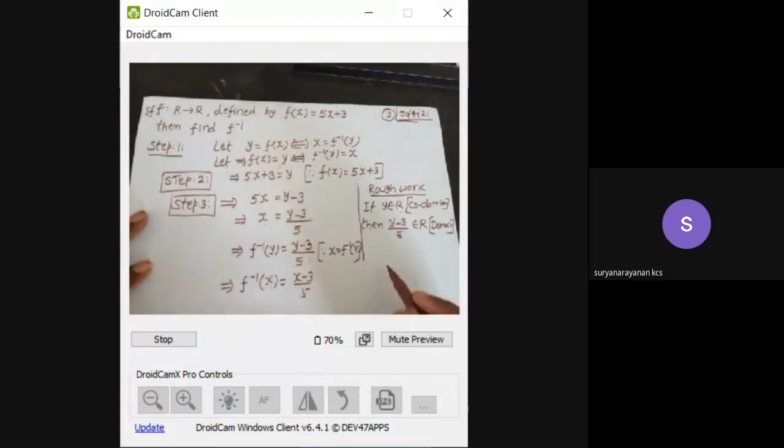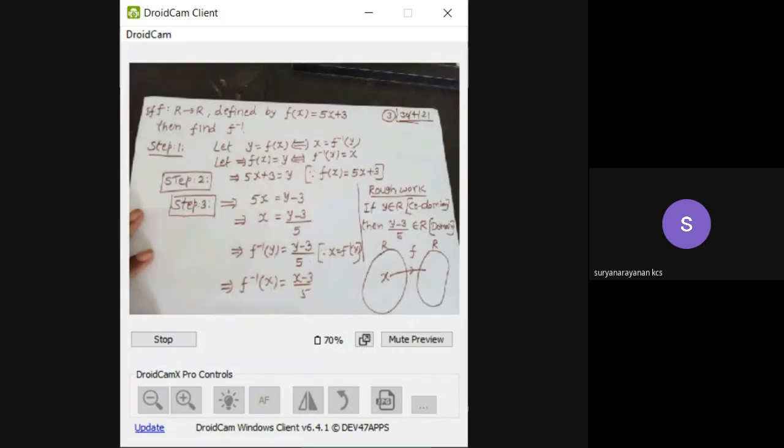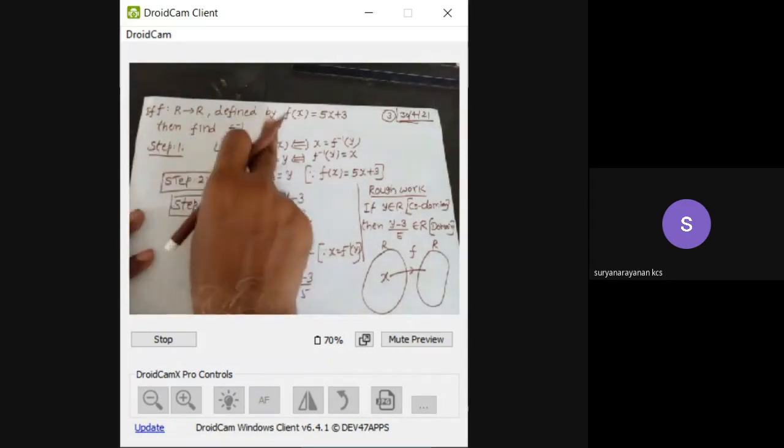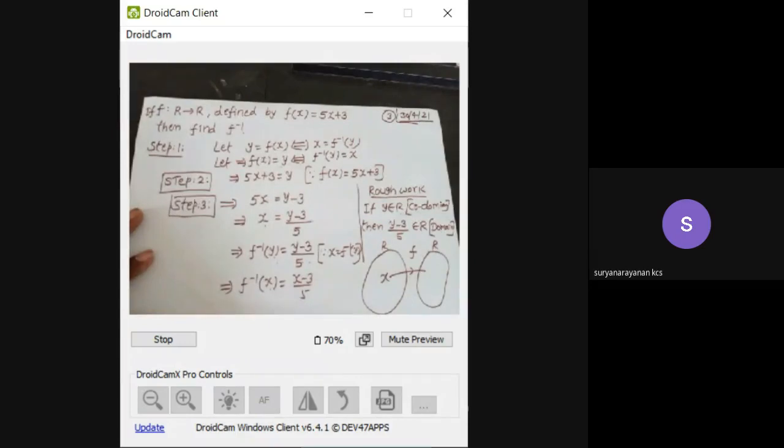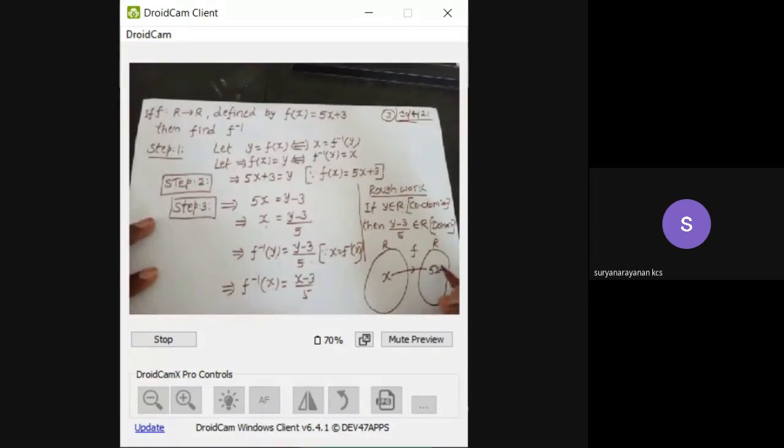Okay, my children. Suppose x is a number. Then what is its image under the function f? Can you tell me? Regarding this function f, if x is an element in the domain, what is its image? So 5x plus 3. Very good. 5x plus 3.